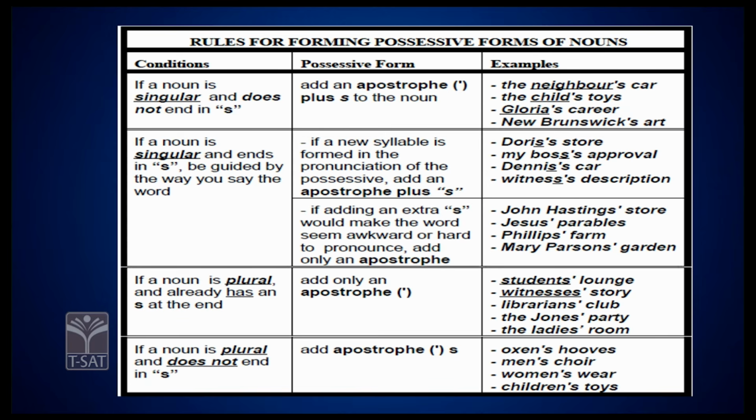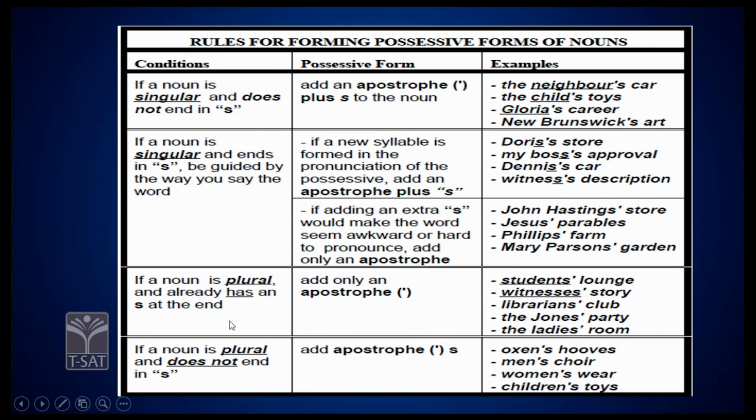Here, in the earlier cases, the pronunciation is not going to change: Doris's store, my boss's approval, Dennis's car, witness's description. But here, John Hastings's is a little awkward, so we are going to add only one apostrophe. John Hastings' store, Jesus' parables, Philip's farm, Mary Parsons' garden, something like this. This is one condition that you should remember.